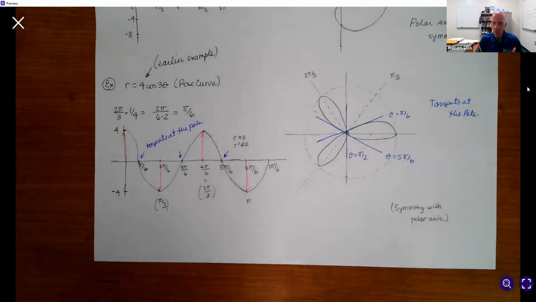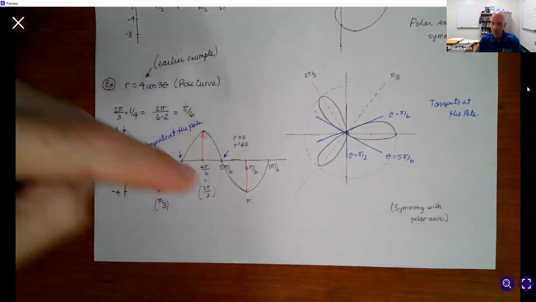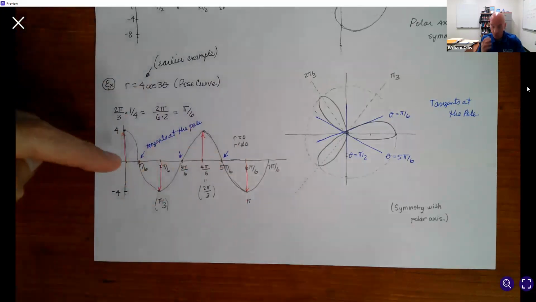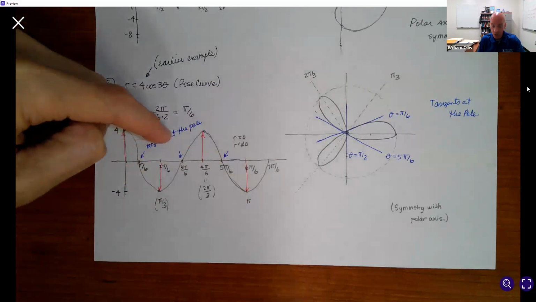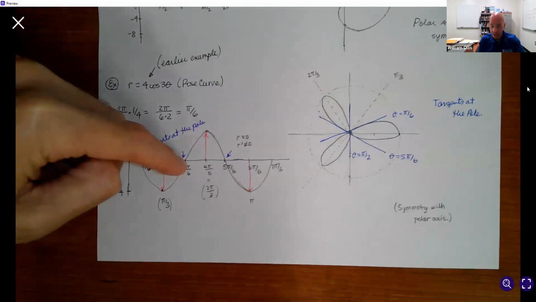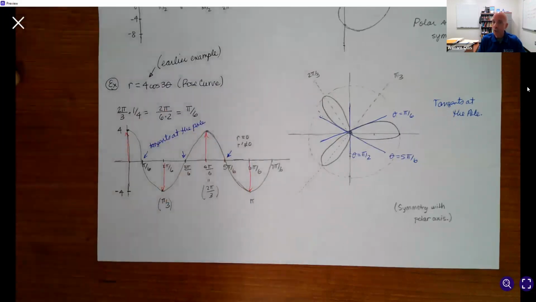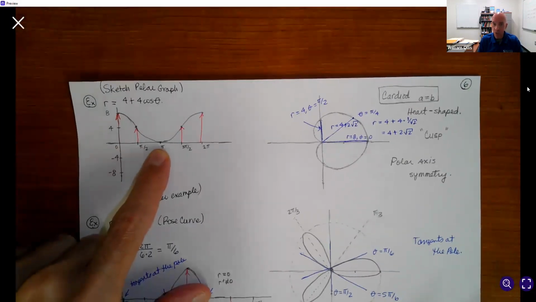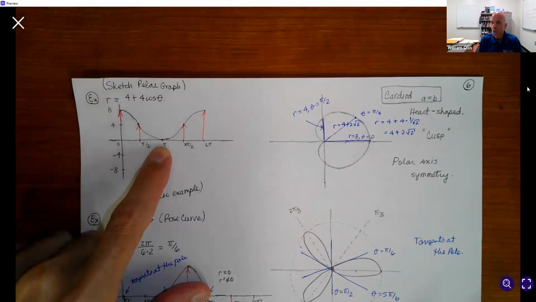But again, notice when it comes to doing tangents at the pole, we simply look, as I've noted here, for zeros of r, and when you draw your Cartesian graph, you can notice here I've written tangents at the pole at the zeros of the polar curve. Now, you notice here we've got the polar curve 0, but we don't have r prime being non-zero.